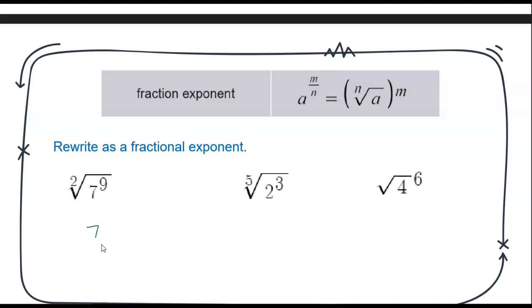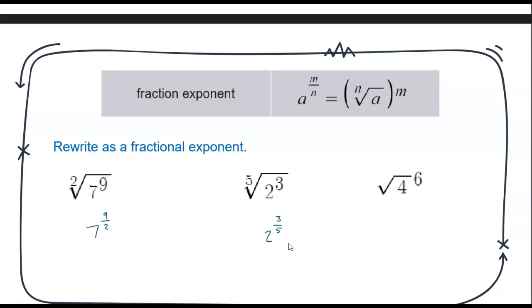So our base is 7. Our denominator is going to be 2, and our exponent becomes the numerator, 7 to the 9 halves. In this one, the base is 2. 5 becomes the denominator, and 3 remains the numerator as the exponent.